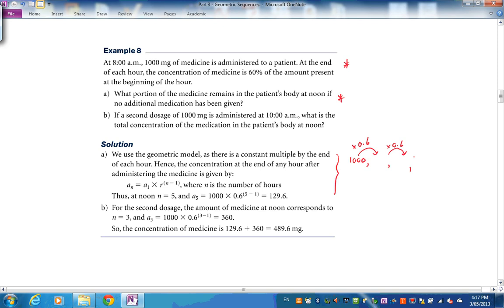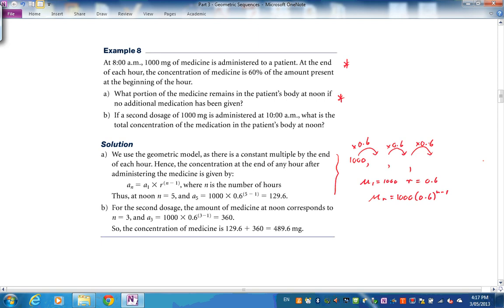So we're going down in quantity because we've only got 60% remaining, so it's multiplying by 0.6. So this is geometric. The first term is 1,000 and the ratio is 0.6. So at the end of n periods, it'll be 1,000 by 0.6 to the n take 1.